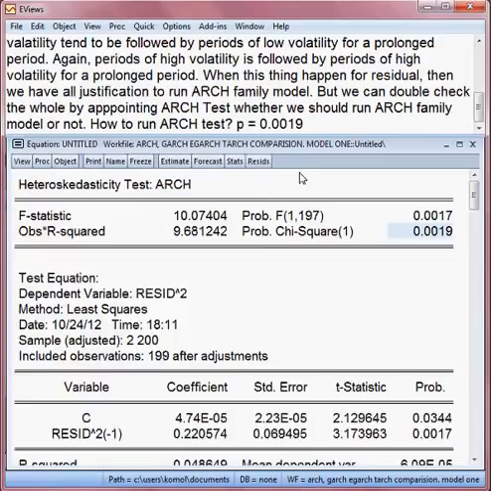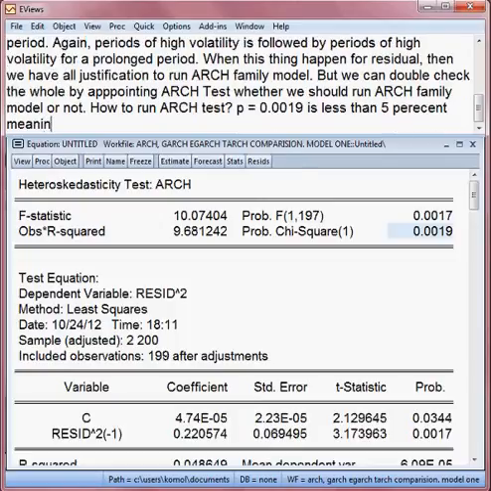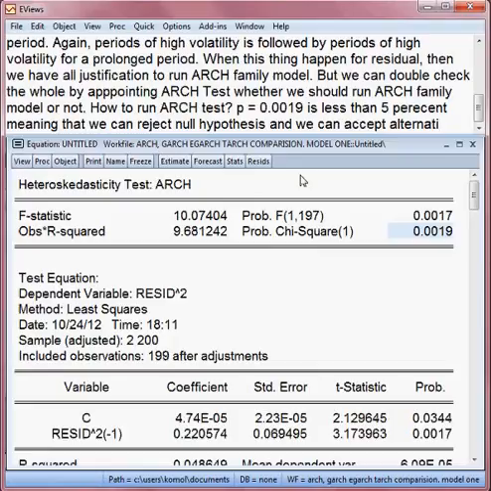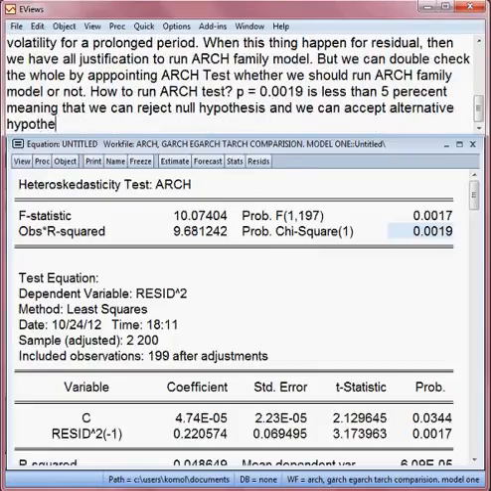And this p value is less than 5%, meaning that we can reject the null hypothesis and we can accept the alternative hypothesis.